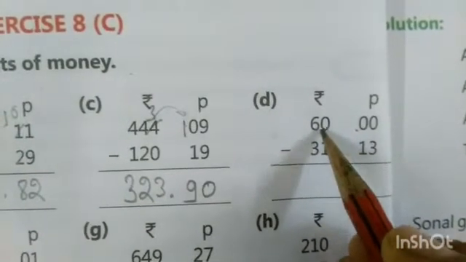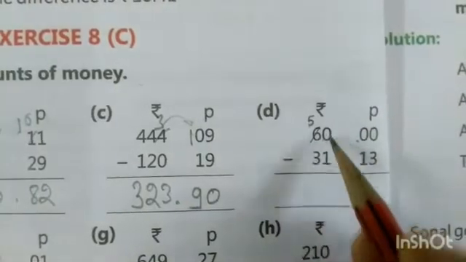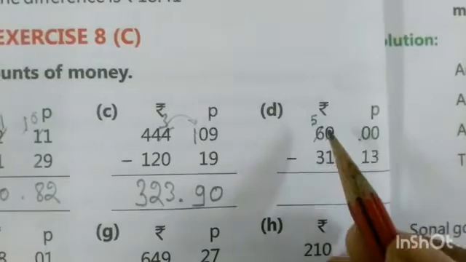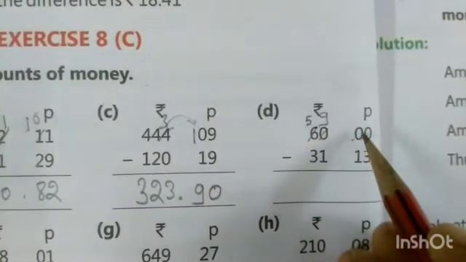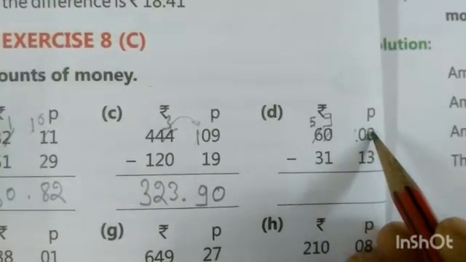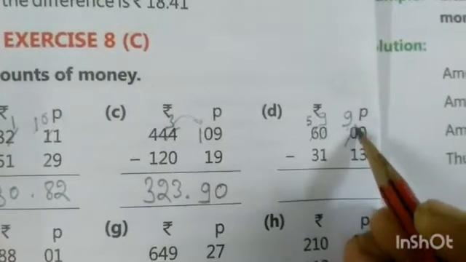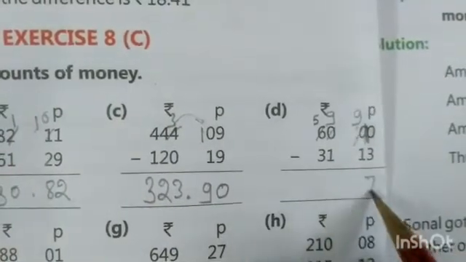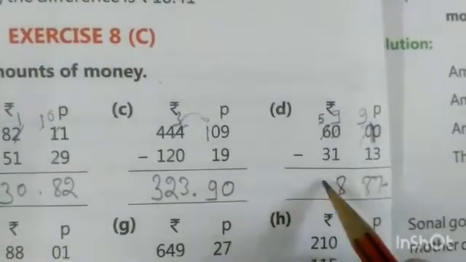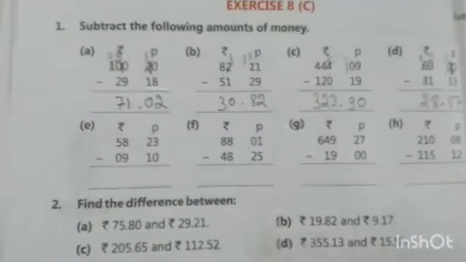Comes here, it's also 0, so it gives a borrow to the next number and it makes 10. Giving the borrow to the side, it also makes 9, and here it's 10. So 10 minus 3, 7, 9 minus 1, 8, 9 minus 1, 8, and 5 minus 3, 2. So 28 rupees and 87 paise.